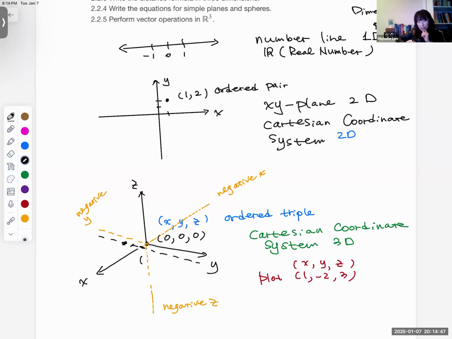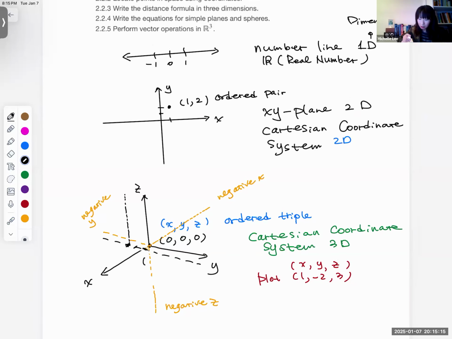Now, z equal to 3, right? We don't go to here for z. We just make a parallel again from here, where y equals -2, parallel with the z-axis.